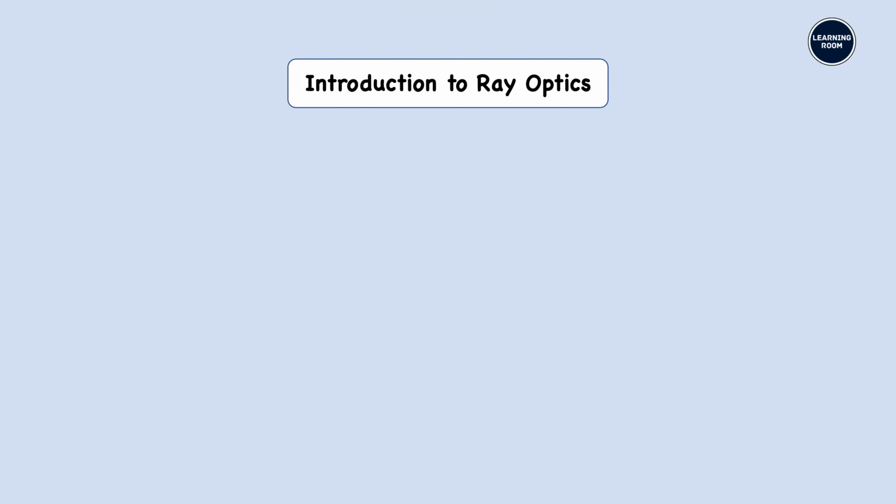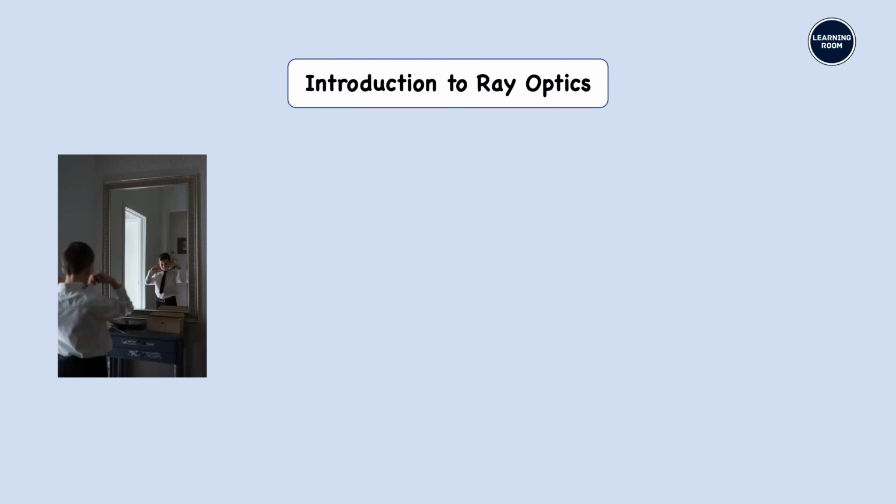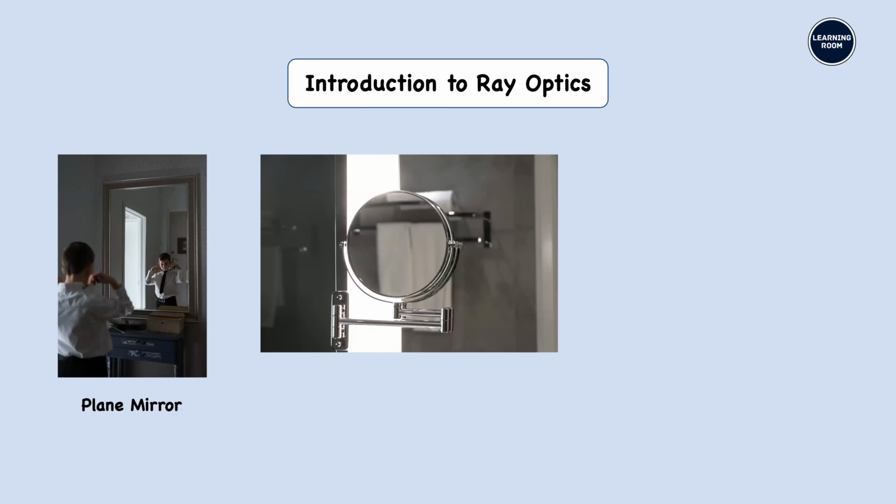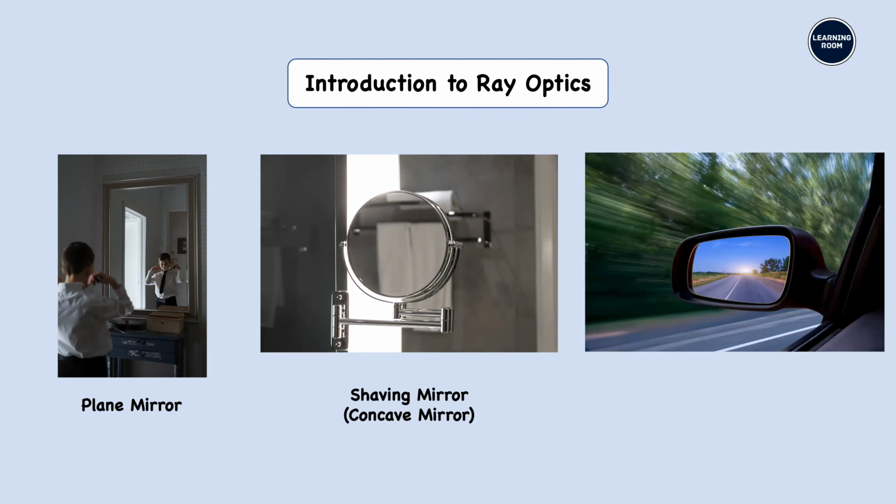In our day-to-day life, we would have come across the applications of different materials like this. What is this? It is a plane wave. Similarly, you come across this kind of device. It's a concave mirror, which is mainly used as a shaving mirror. Next is the rear view mirror, which is a convex mirror.